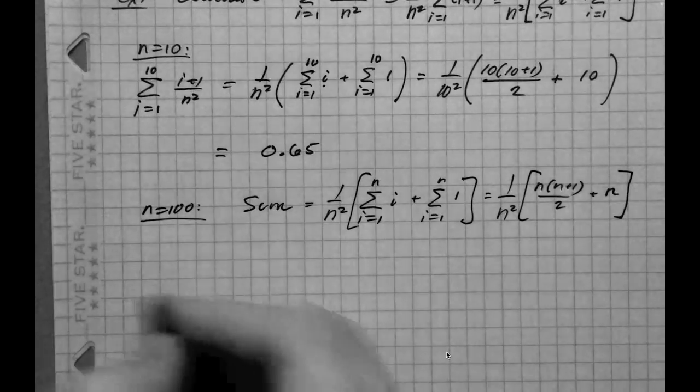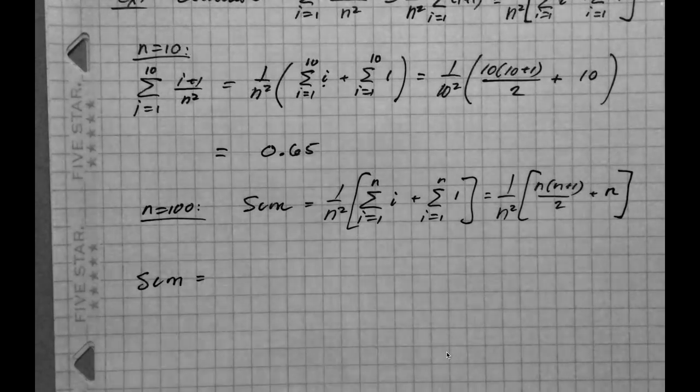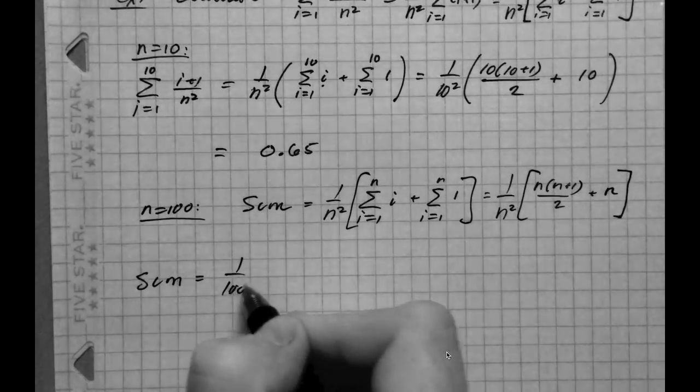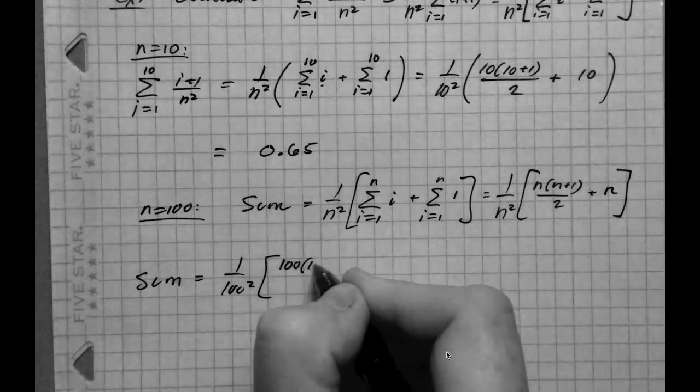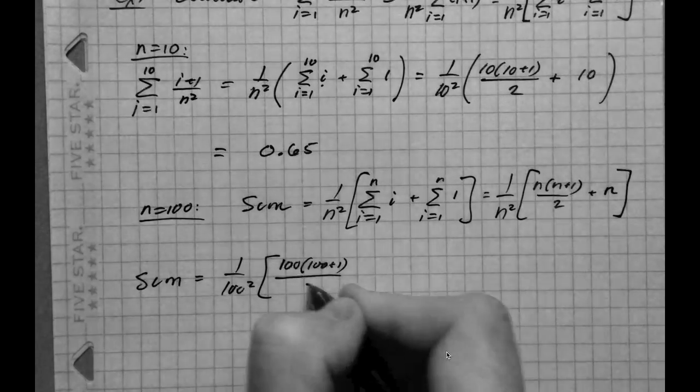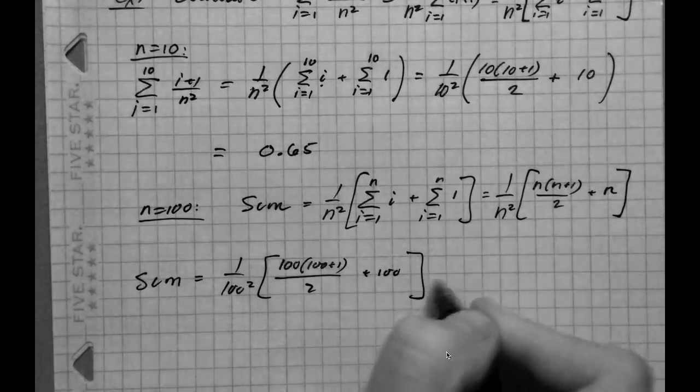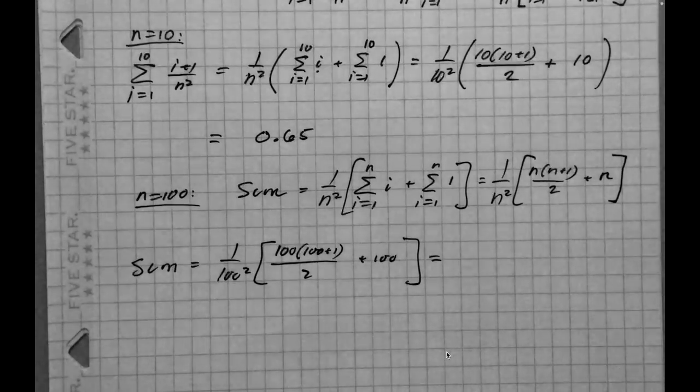And so for n equals 100, the sum will equal 1 over 100 squared times 100 times (100 plus 1) over 2 plus 100. That's what it'll look like.